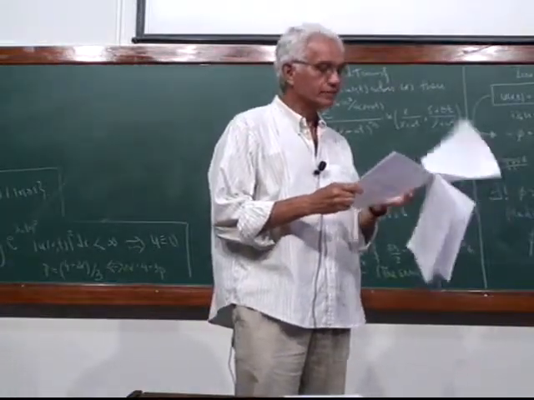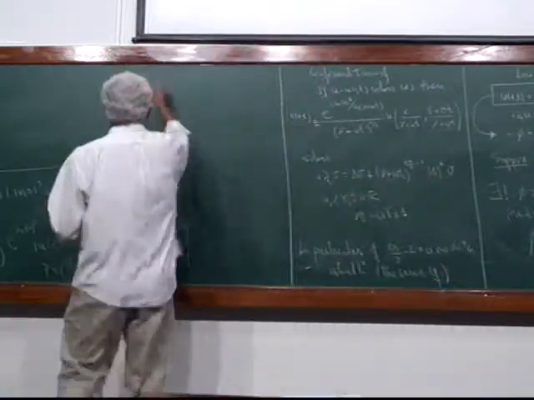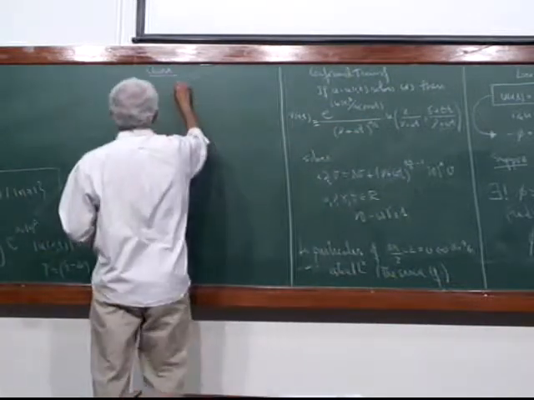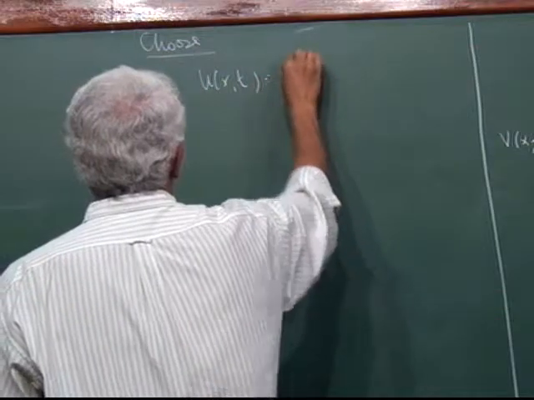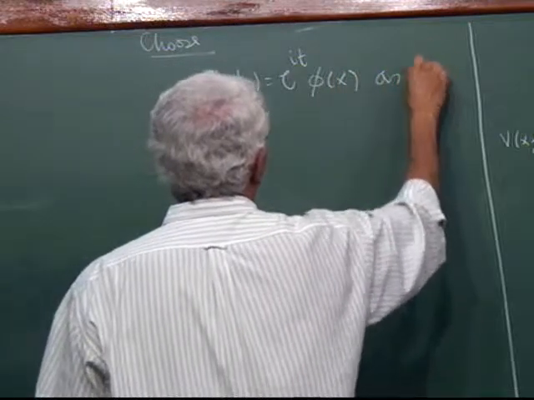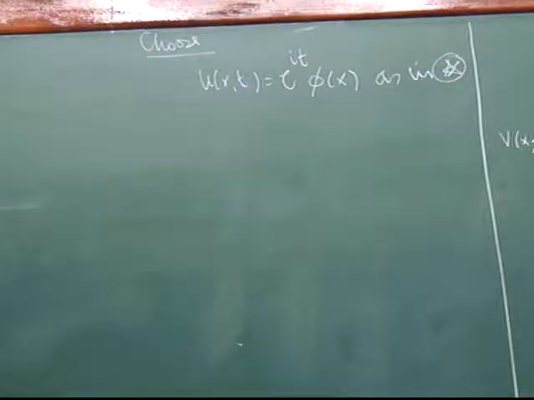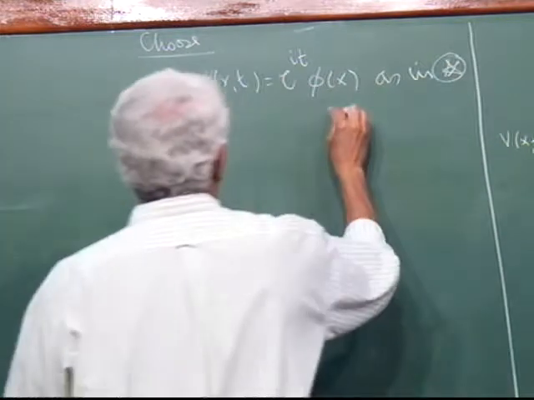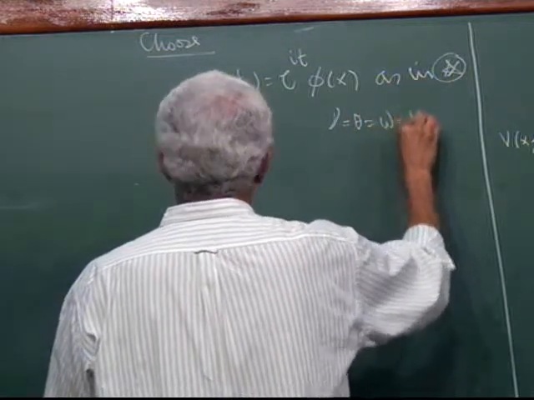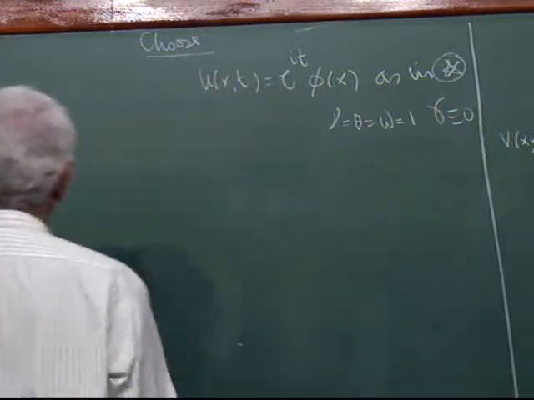Choose the parameter U to be this one, as in here. Choose the parameters mu theta W equal to 1, this one equal to 0. Therefore, you have that this is a solution.